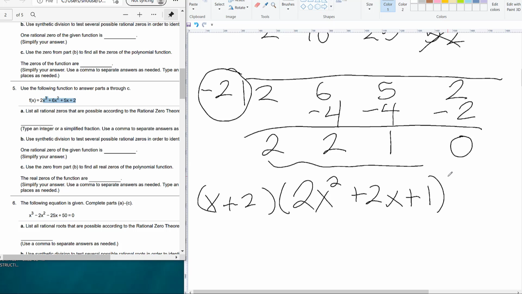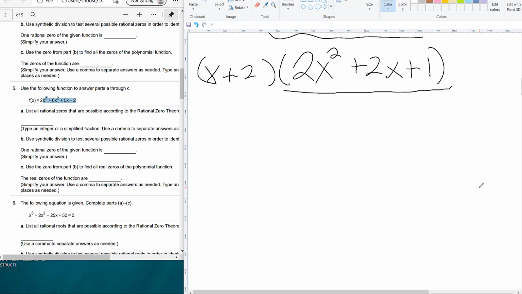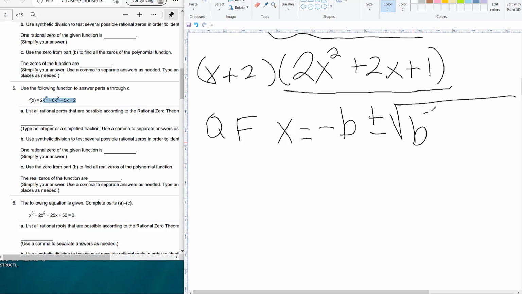So now I have to deal with this second factor. It's a trinomial with an x squared, and so I could factor it if possible. I could use synthetic division on it, or I could use the quadratic formula. And I think that's what I'm going to do. So x is the opposite of b plus or minus the square root of b squared minus 4ac, all of that over 2 times a.